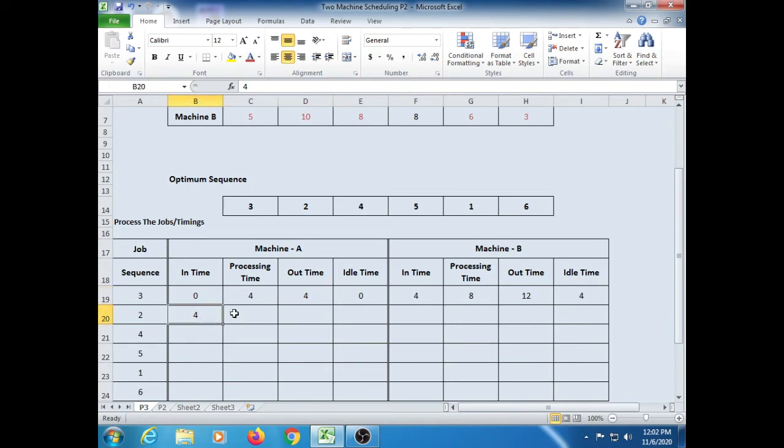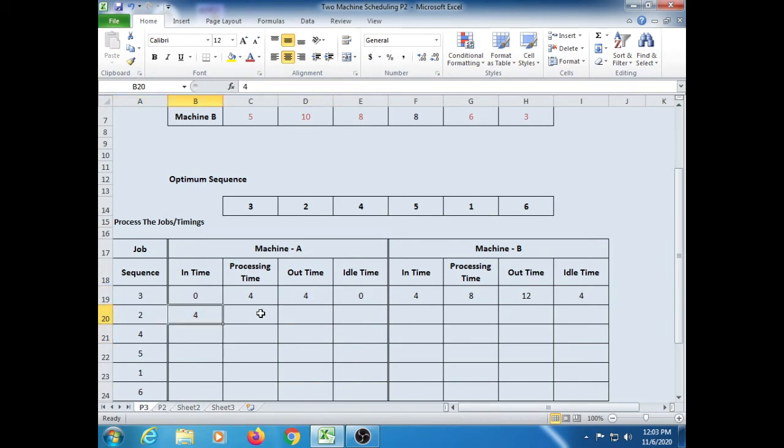We do not make the machine idle, that's why the previous job's out time will become the present job's in time. We have to process the next job, because we have a job to process on machine A. The next job is ready after the 4th hour, so we do not make the machine idle, and process the next job at the same hour.